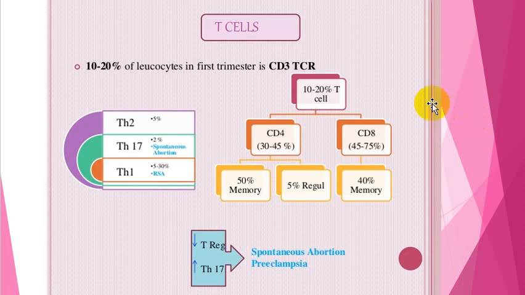This is again divided; of this, 30 to 45% are CD4 helper cells, and a small number are mucosal T cells expressing T cell receptor and the natural killer cells. Then there are T regulatory cells also.